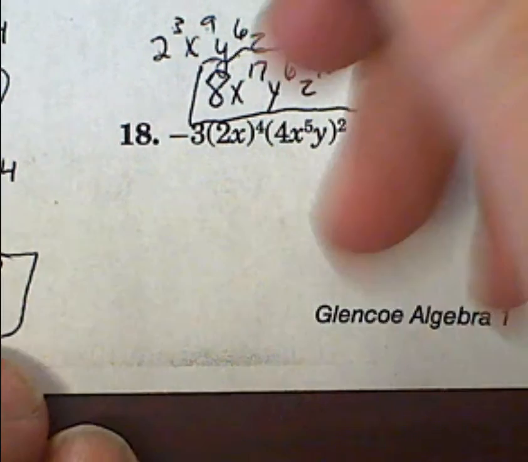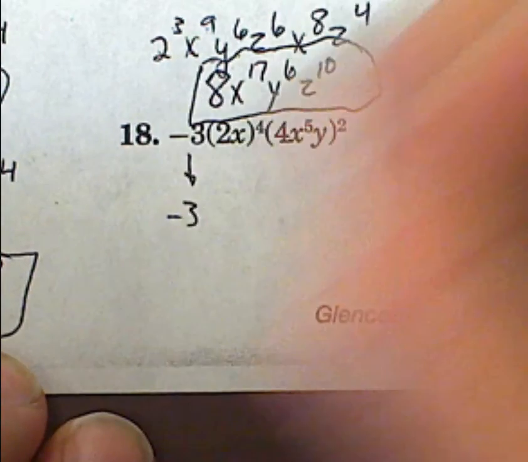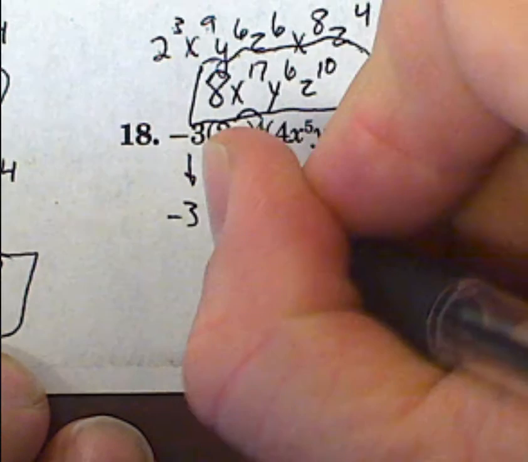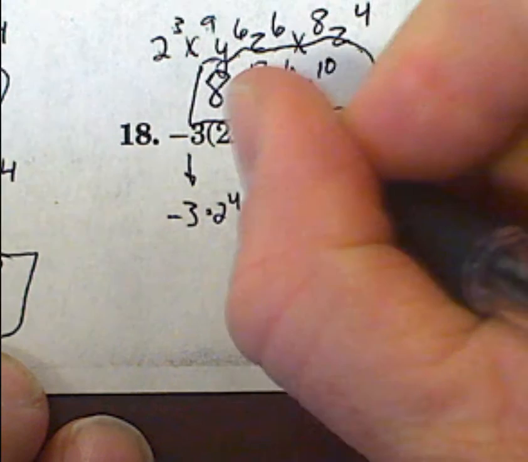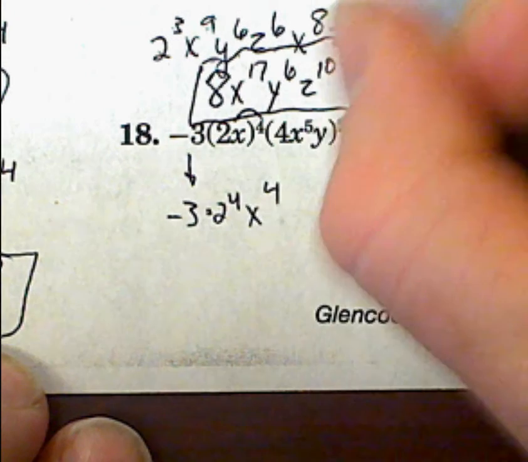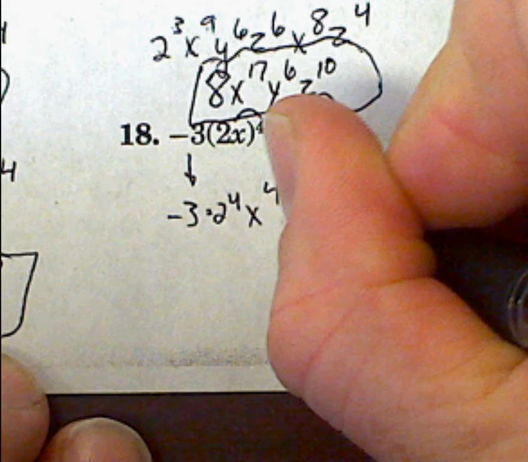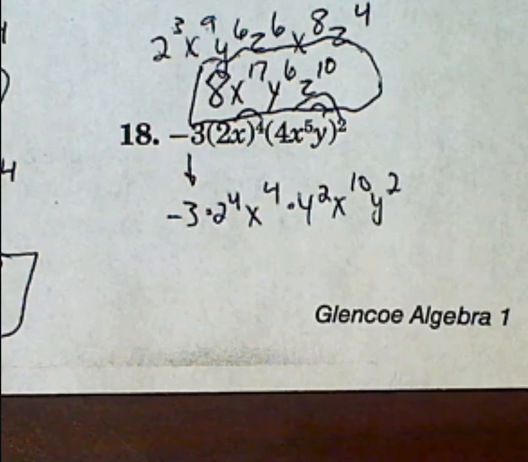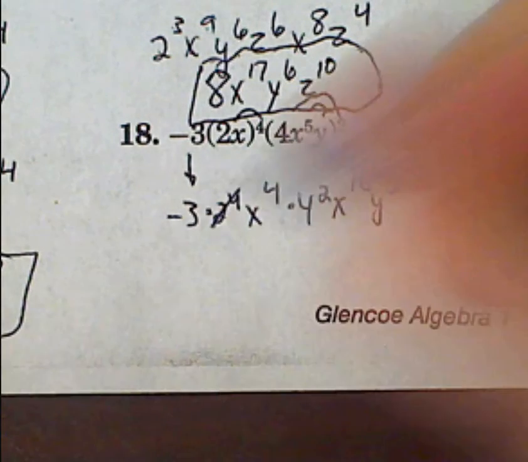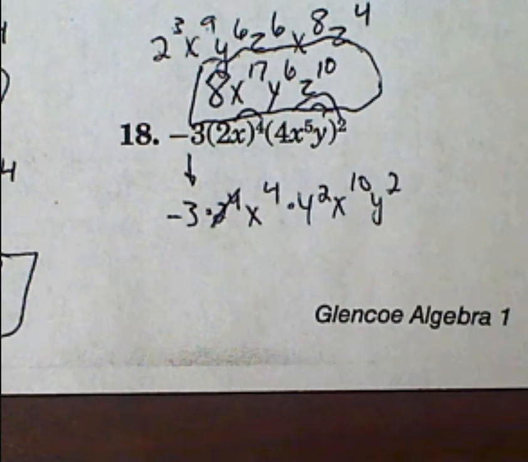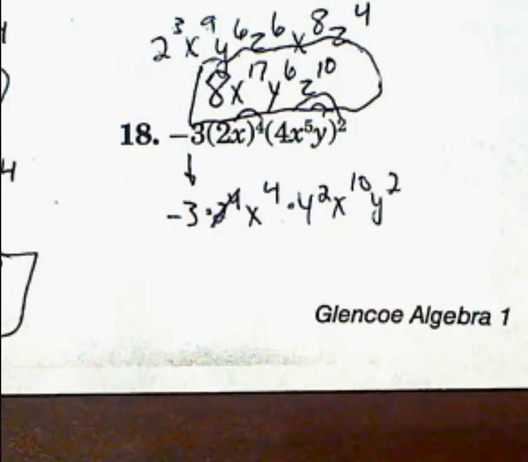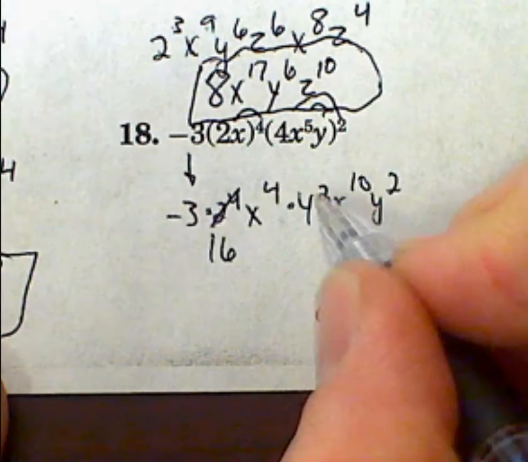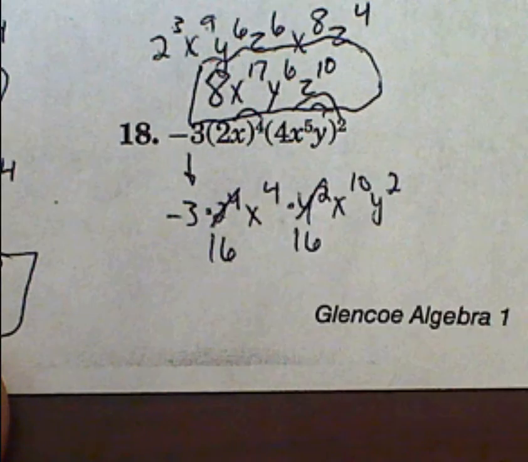Number 18, I bring down the -3. 4 squared, or sorry, 2, so that's times 2 to the 4. This is x to the 4, and then I distribute this 2, so that would be 4 squared, x10, y squared. 2 to the 4 becomes 2 times 2, so that, let me see, 2 to the 4 becomes 16. 4 squared becomes 16.